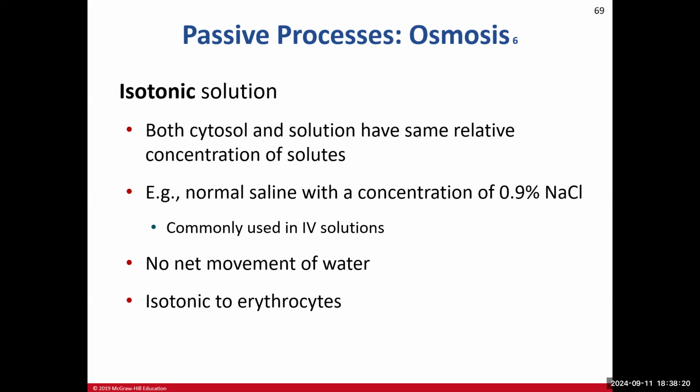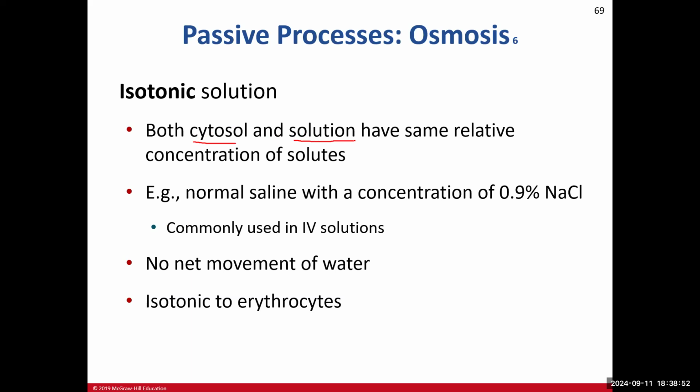Right, so this is just, I apologize, but it's just straight up memorization on this one. So isotonic, just like if you've heard of isometric muscle contractions, that's when you're flexing your muscles like bodybuilders do when they're on stage, but there's no movement going on. Right? So with isotonic, there's not going to be any movement going on because both inside the cell and outside the cell, in this case, the solution, have pretty much the same number of solutes.